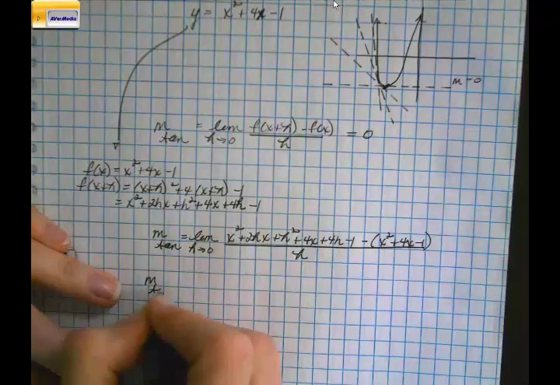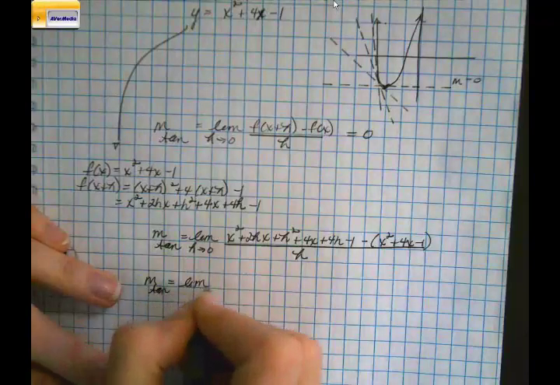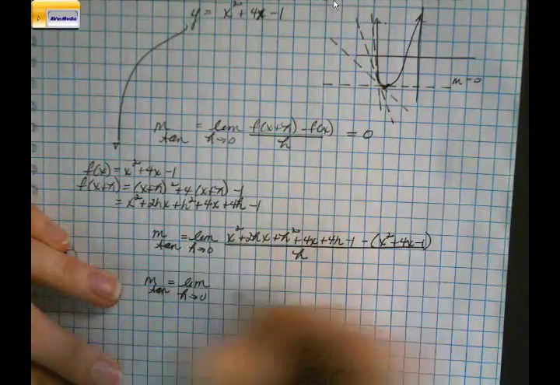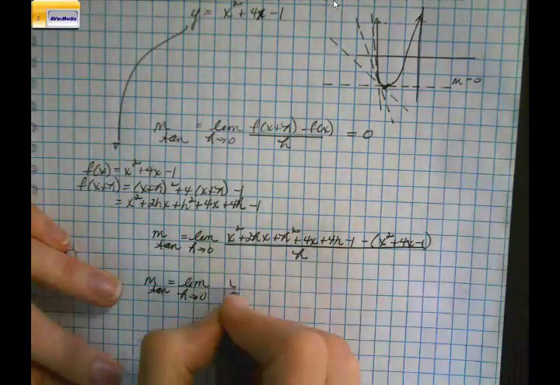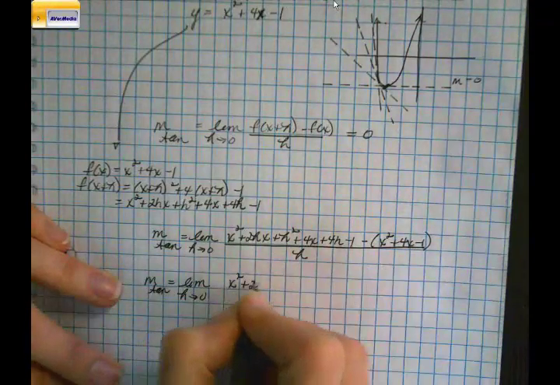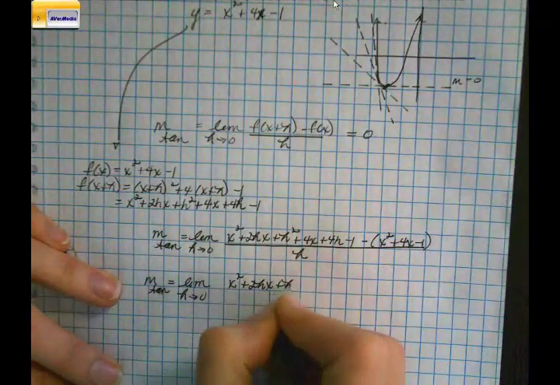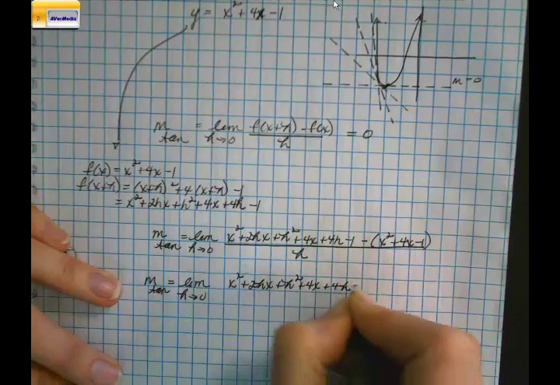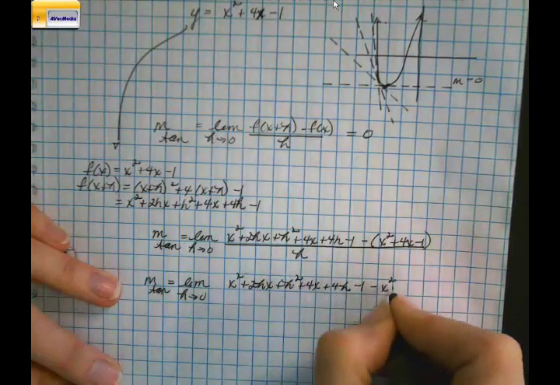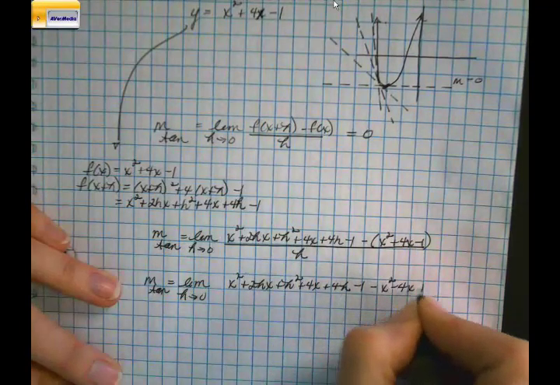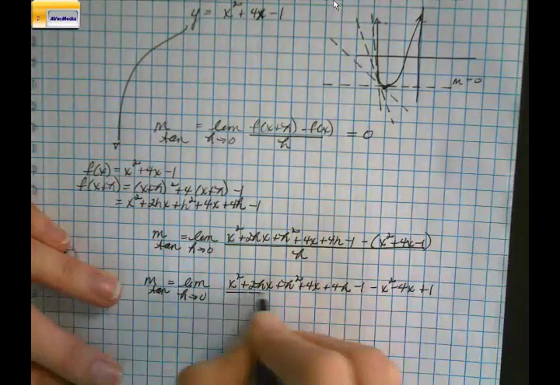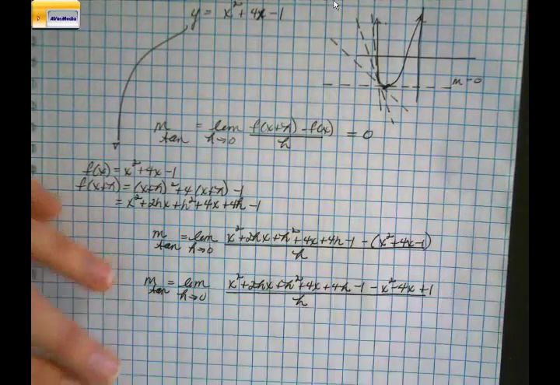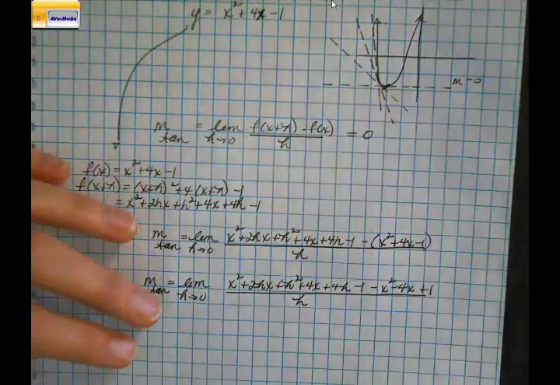Now the slope of the tangent line is the limit as h is approaching 0 of x squared plus 2hx plus h squared plus 4x plus 4h minus 1 minus x squared minus 4x plus 1, all over h. We better get two or three things going away here.